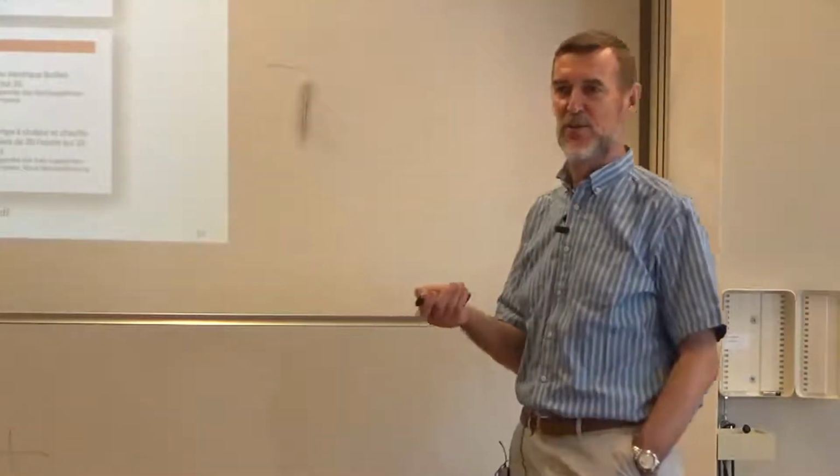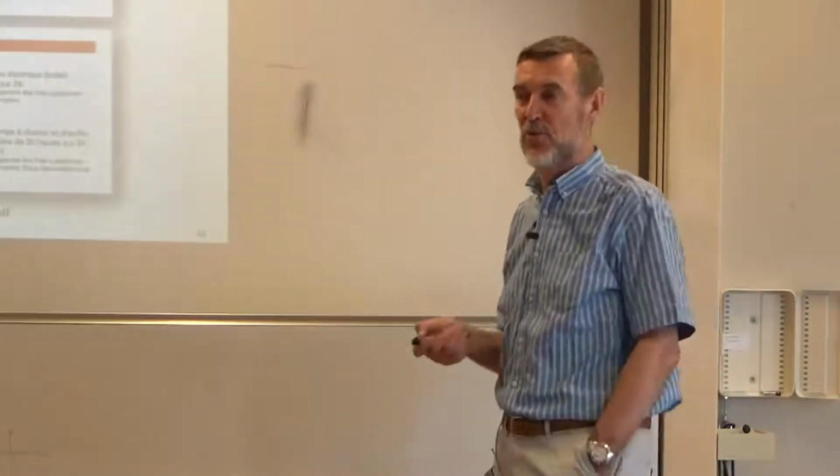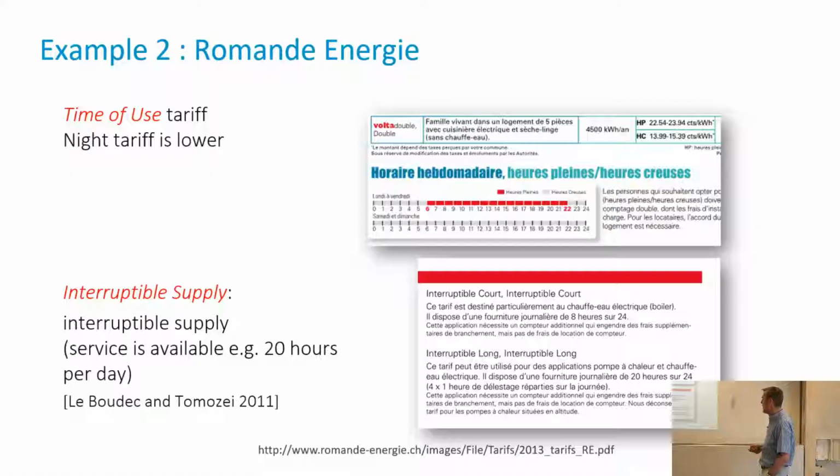So you want more flexibility if you're an operator. You want to incentivize people to boil their water when the price is low, which might be over lunch, for example. So there is a service that is called interruptible supply, which is a primitive form of demand response where the operator can exercise a relay on one of the phases that will stop the power consumption on this phase under the control of the operator.